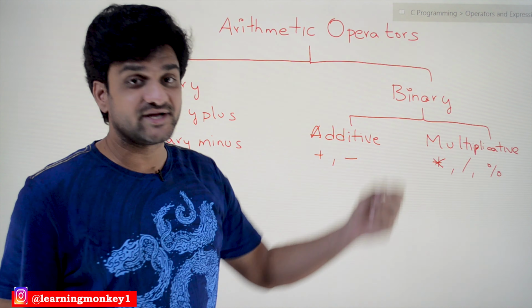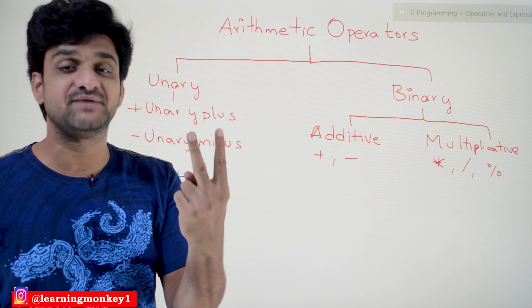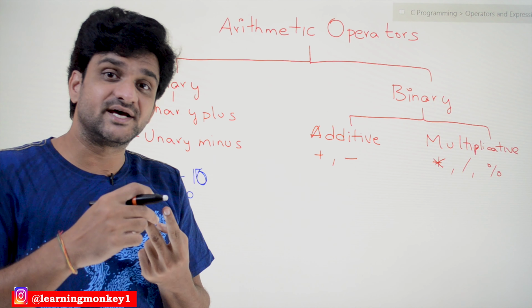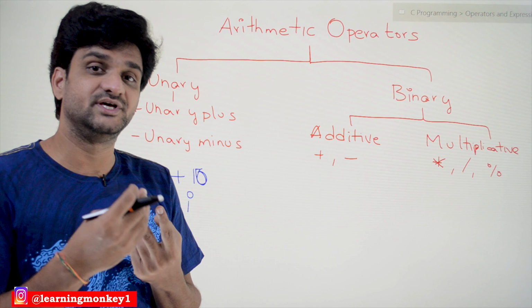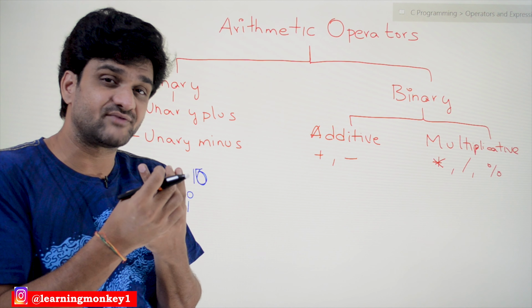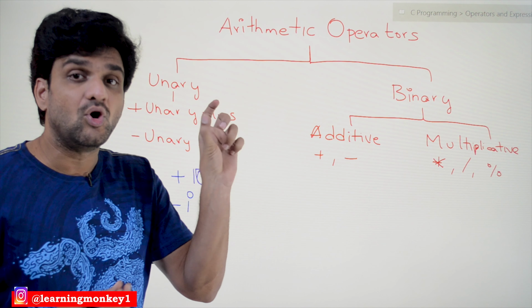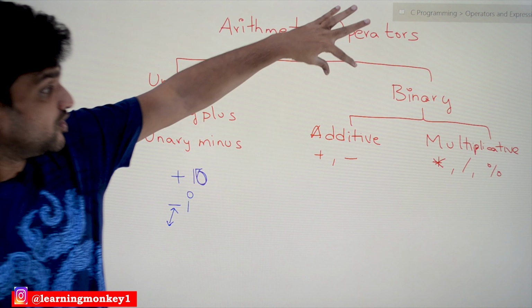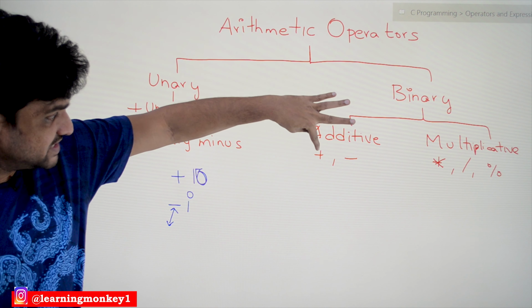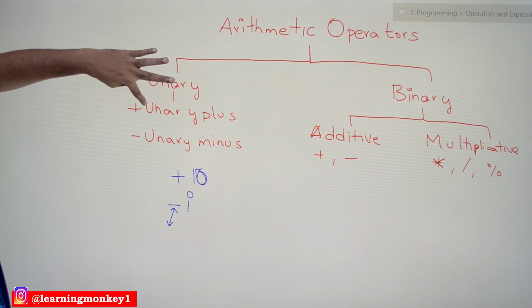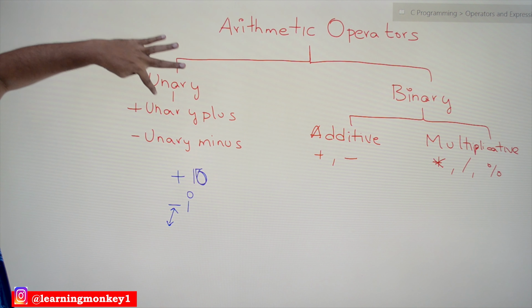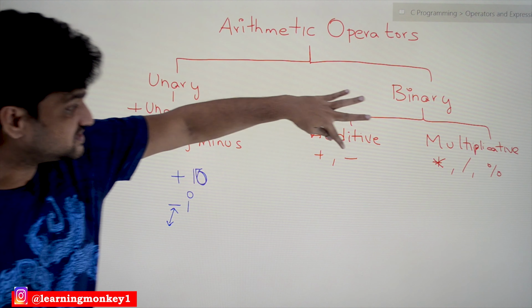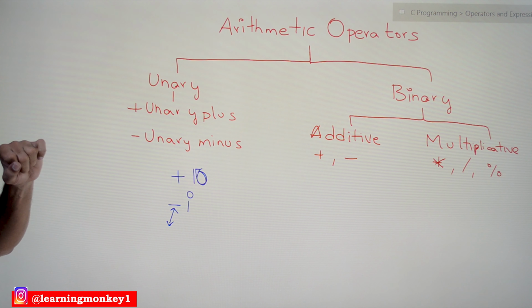Similarly, what is a binary operator? Binary means two. The operator which is applied to two operands is what we call a binary operator. The plus symbol is there in the unary category, and the minus symbol is also there in the unary category.